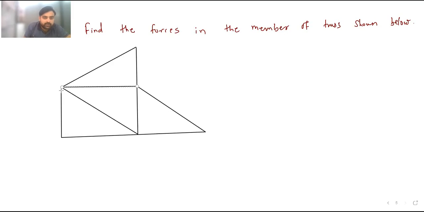Okay, so this is the given truss. Now the supports are given. Here it is a hinge support. This is the hinge support, and here at this point a roller support.